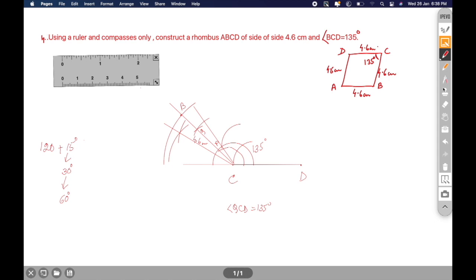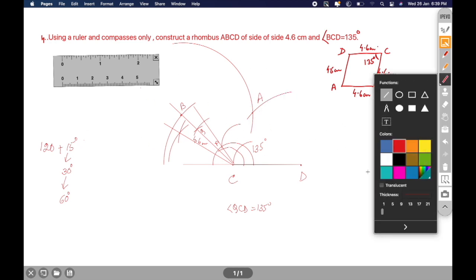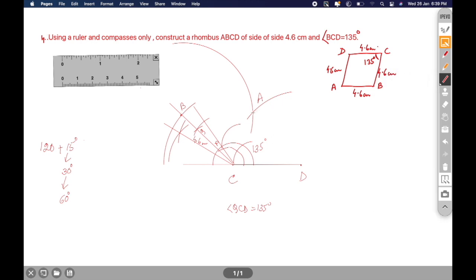Next, again with the help of the compass, we have to measure 4.6 centimeter only and draw an arc from the point B here. This arc is to be intersected by the next arc with B as center. So here we have got the other vertex, that is A. Let us join the vertices with the help of a ruler.